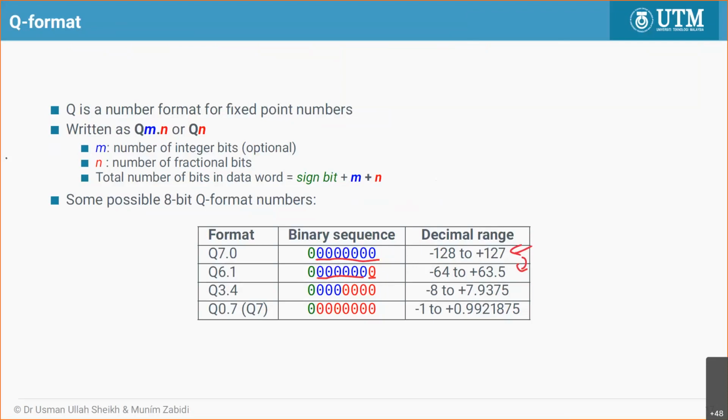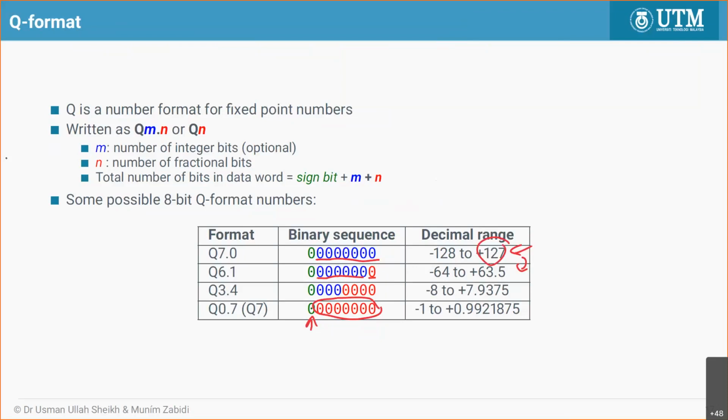When we say Q7, that means there are 7 bits of fraction. All the bits are fraction. In this case, we can have minus 1 up to 0.99. We cannot get to plus 1. There's no way to get plus 1. It's just like the first number, where we cannot get plus 128.